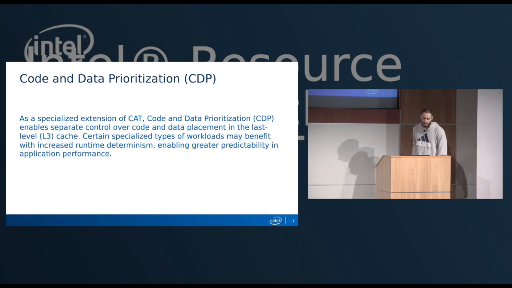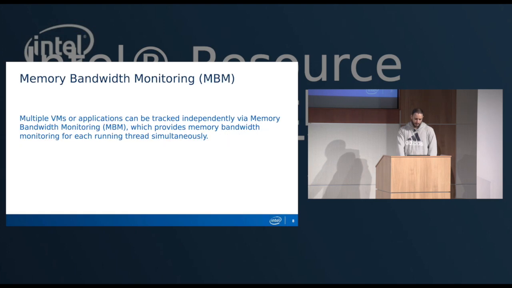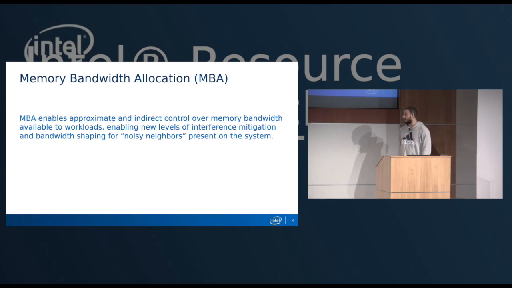Code and data prioritization allows you to have your code sit in cache so you can fetch your instructions faster. Memory bandwidth monitoring allows you to, as I said before, monitor bandwidth in real time. And then here, the hands-on lab is a simple tutorial that will give you an idea of how to use MBA and also how to use Intel RDT.